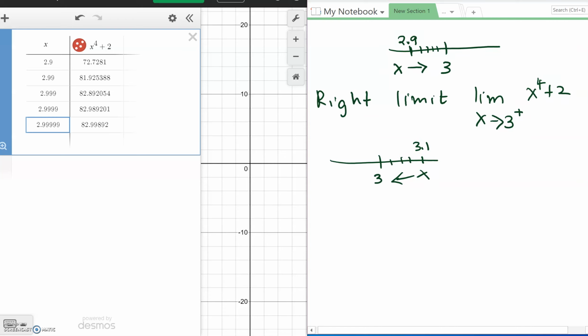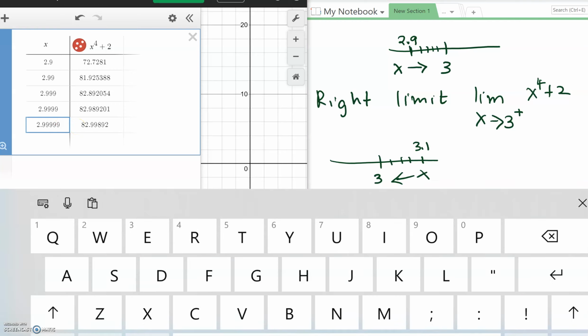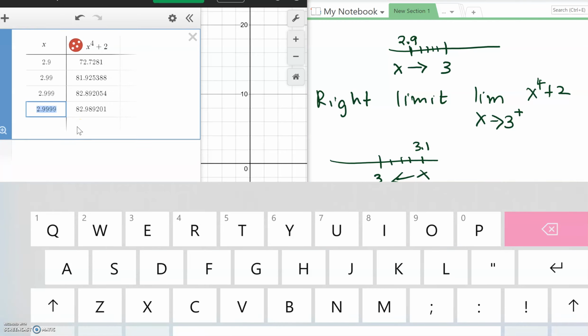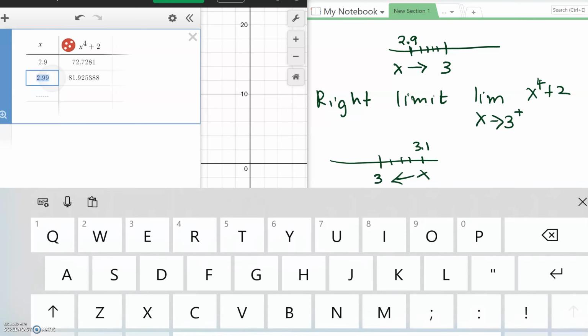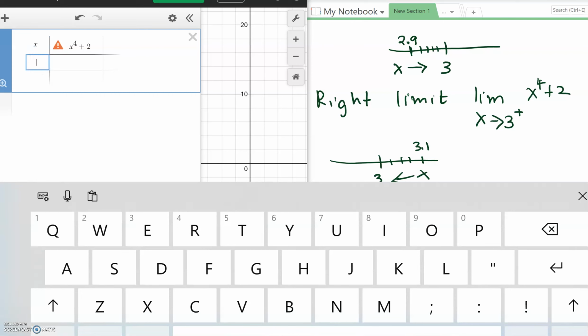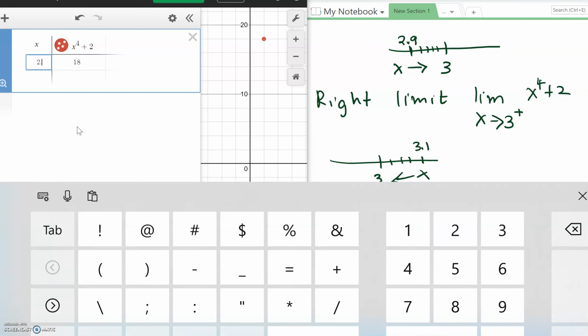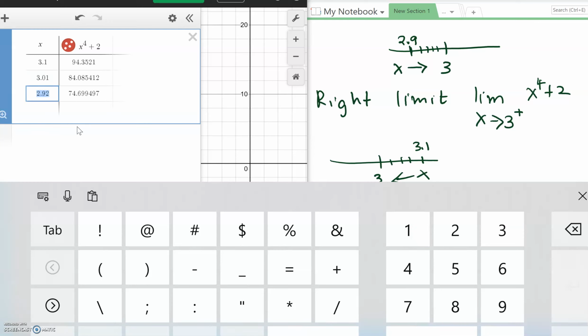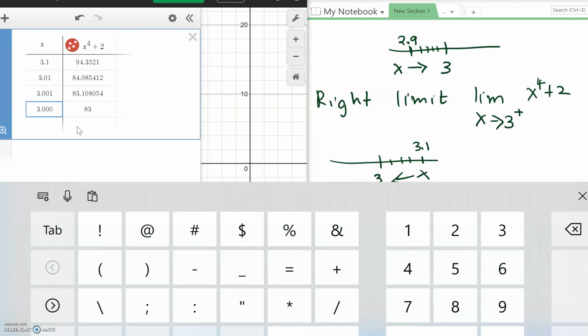So we start off with 3.1, and then it's getting closer to 3, so 3.01, 3.001.